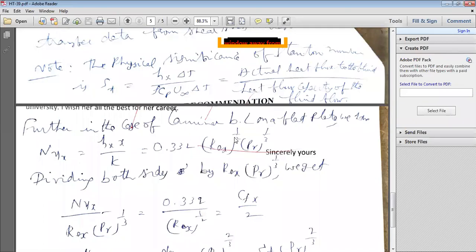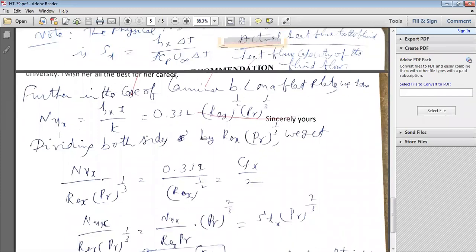Further, in the case of a laminar boundary layer on a flat plate, how do we calculate the Nusselt number at any given value of x? Nu_x, the Nusselt number, is h_x x by k.